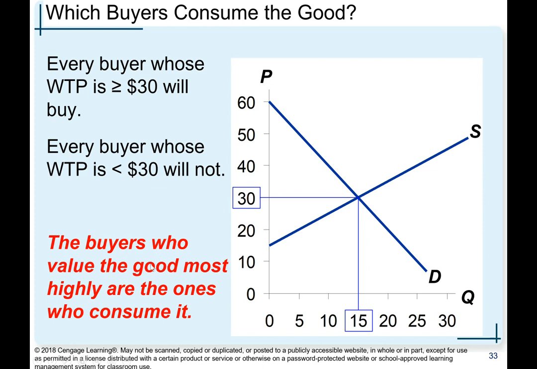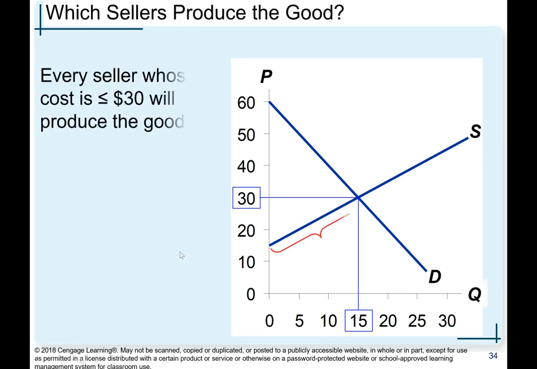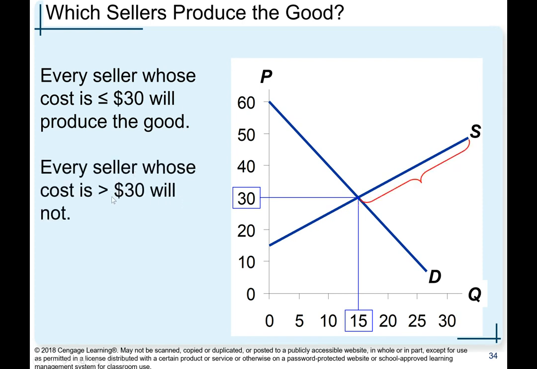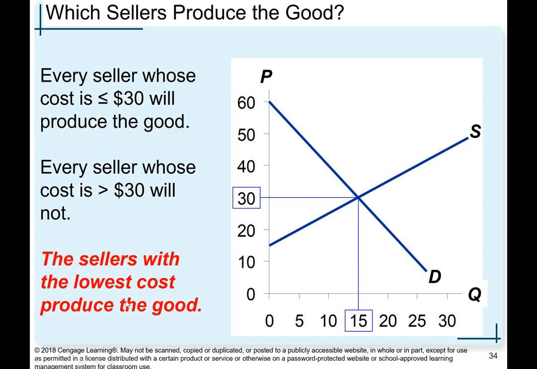The buyers who value the goods most highly are the ones who consume it. Good thing. On the selling side, every seller whose cost is less than or equal to $30 will produce the good. Every seller whose cost is greater than $30 will not be in this market. The seller with the lowest cost produces the good.